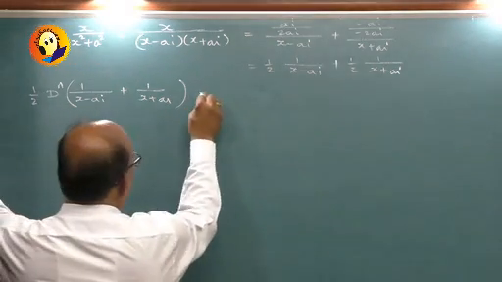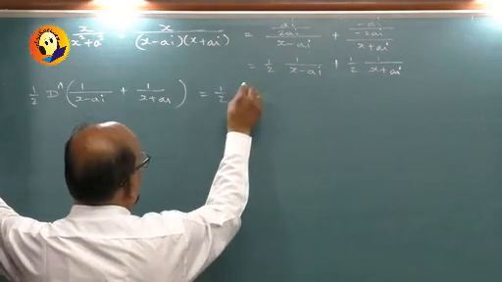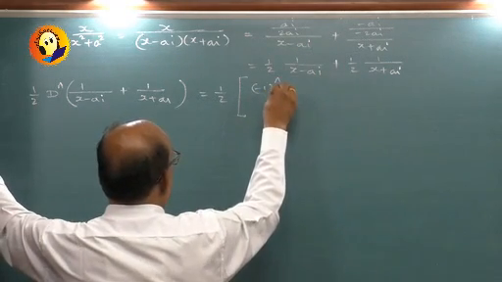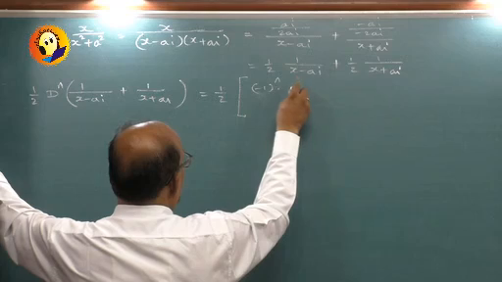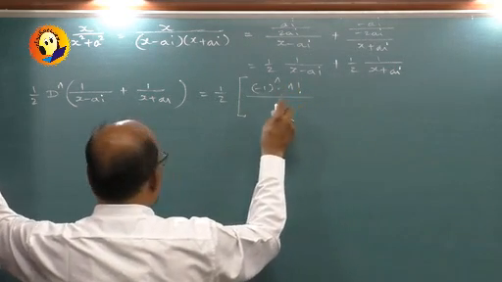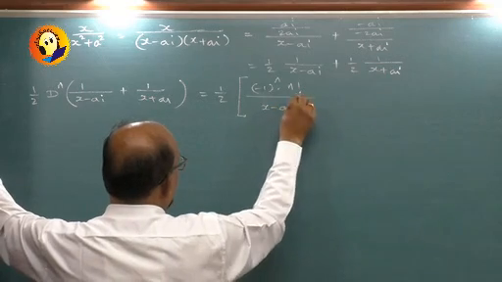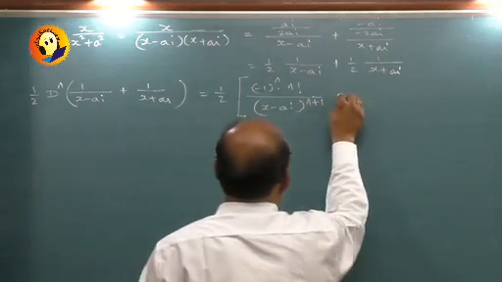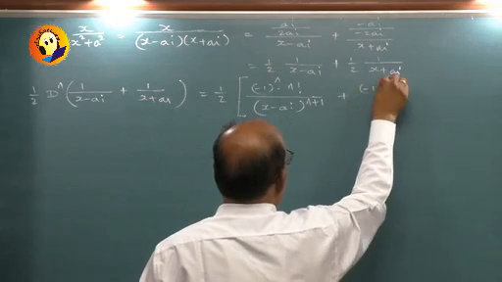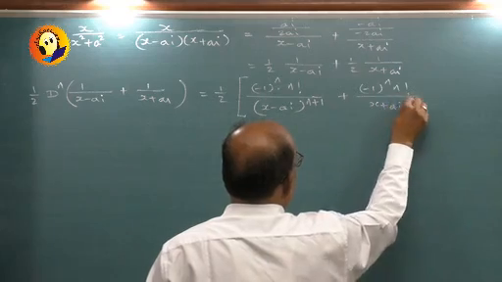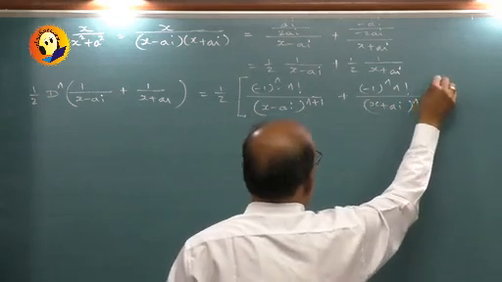Will be, by formula, half into bracket, minus 1 raised to n into n factorial upon x minus ai bracket raised to n plus 1 plus minus 1 raised to n into n factorial upon x plus ai bracket raised to n plus 1.